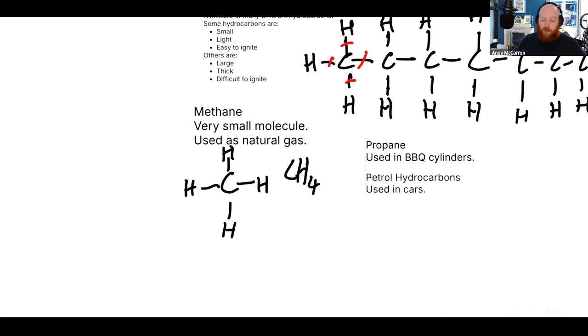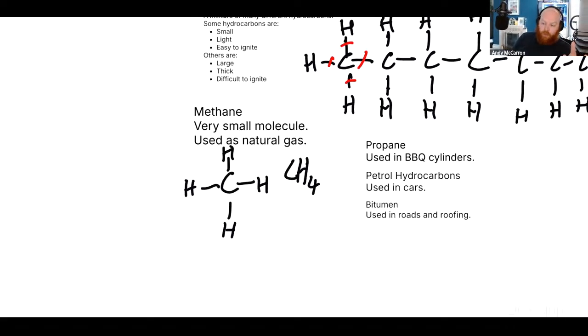Obviously we use petrol in cars. Then there's another type of hydrocarbon called bitumen, which is used on roads and roofing. It's that black tar-like substance that bonds the stuff together when we make tarmac.